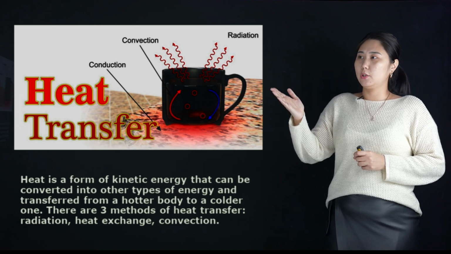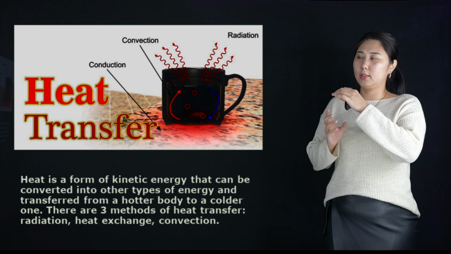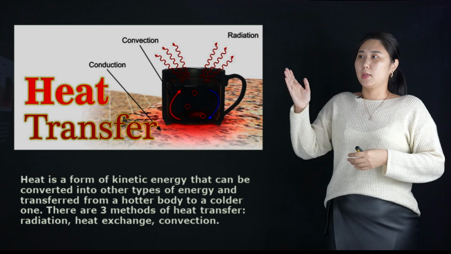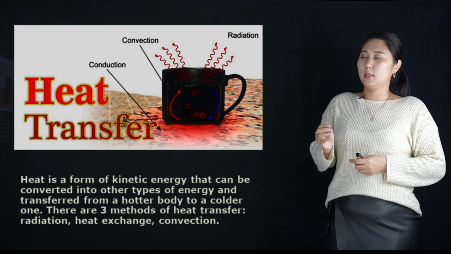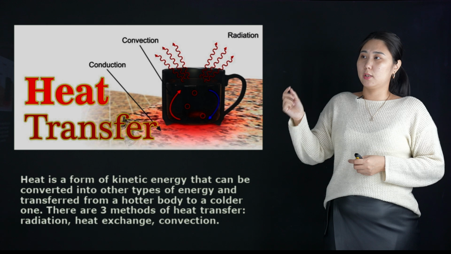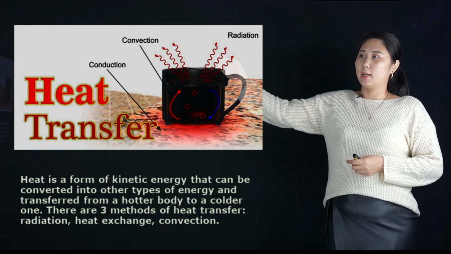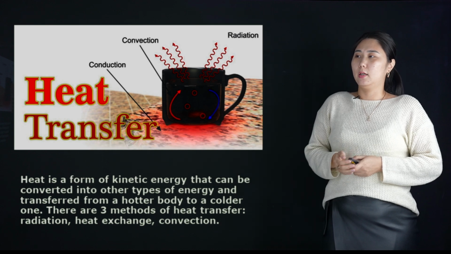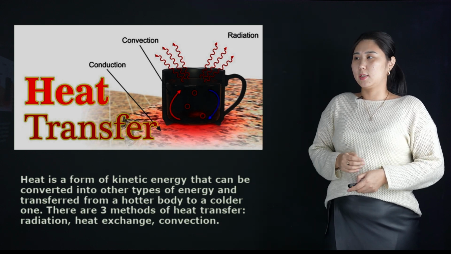In this picture, you can see how heat is transferred in the environment. For example, you can see the three types of heat transfer: radiation, convection, and conduction. So these are the types of heat transfer.